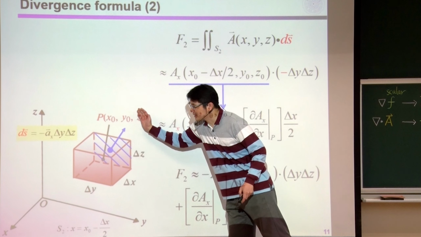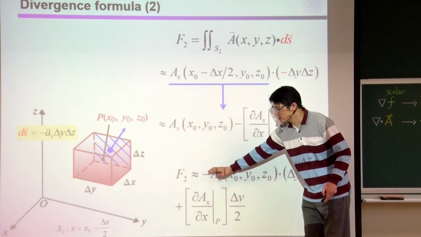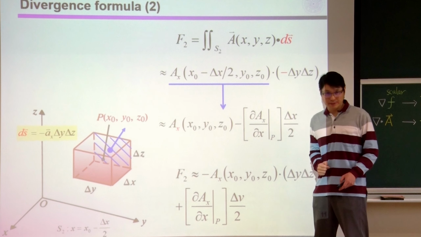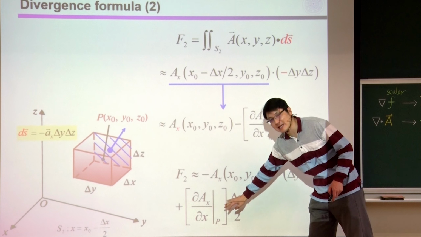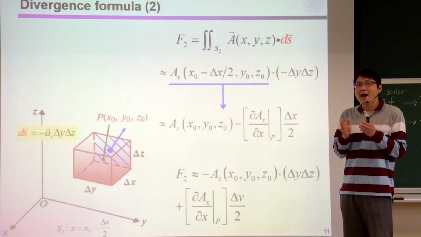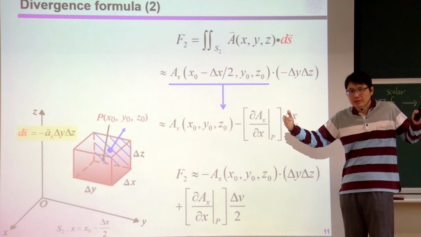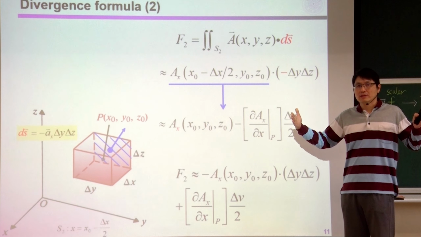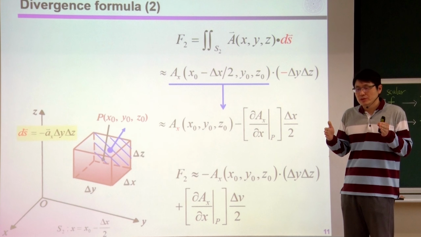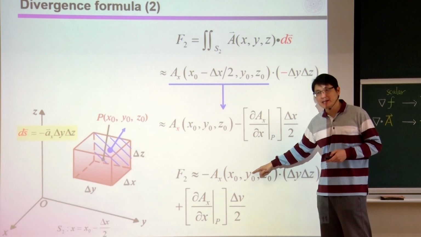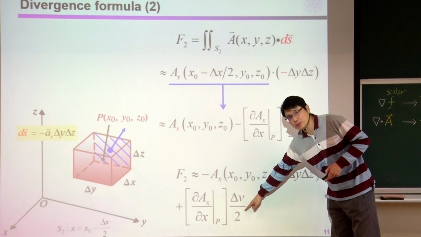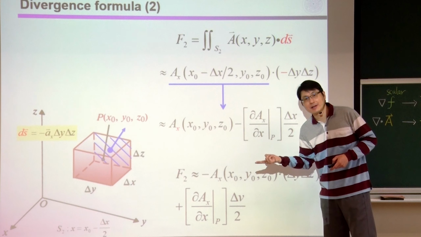For the back side, the first contribution has a reversed sign, but not the second part. So when I add the net outward flow only for these 2 sides, the first contribution cancels out, but the second contribution doubles.